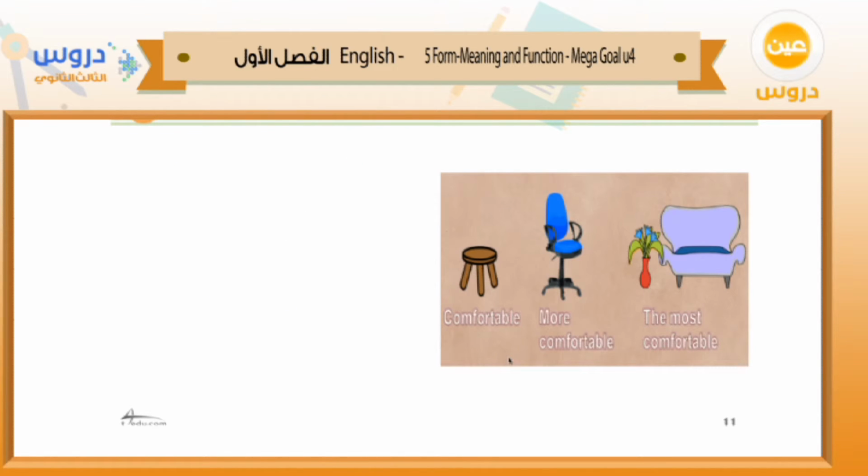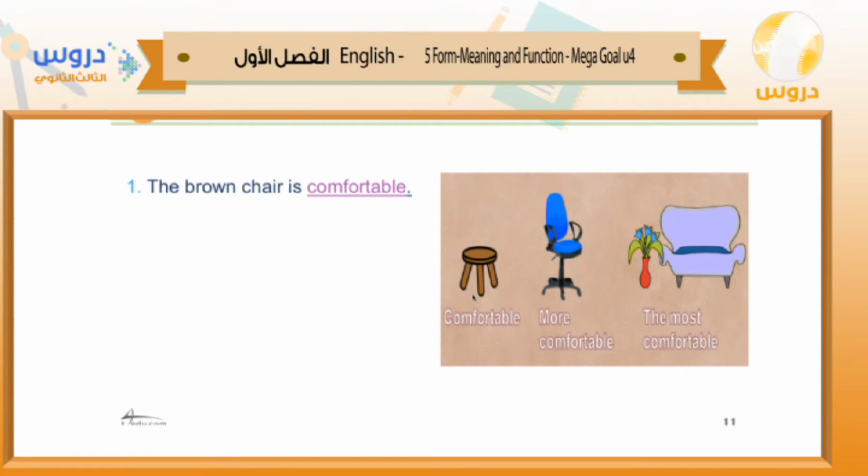Now look at the picture here. We have different kinds of chairs. We have this chair which is comfortable. This blue one is more comfortable than this, and the sofa here is the most comfortable chair.